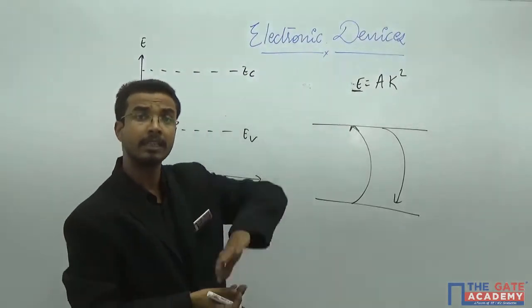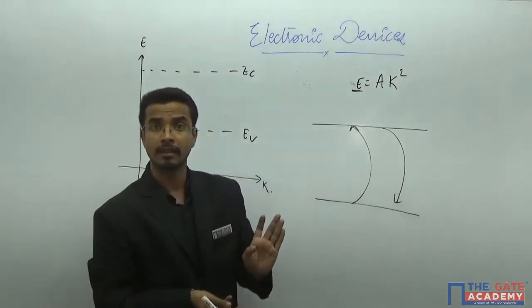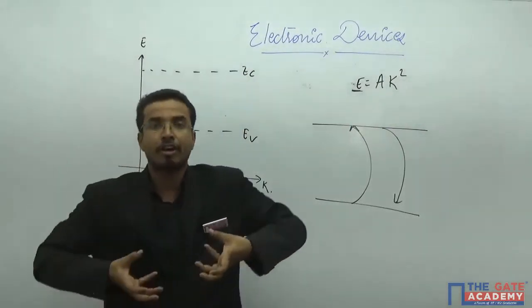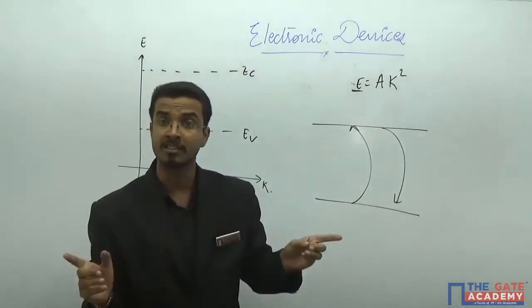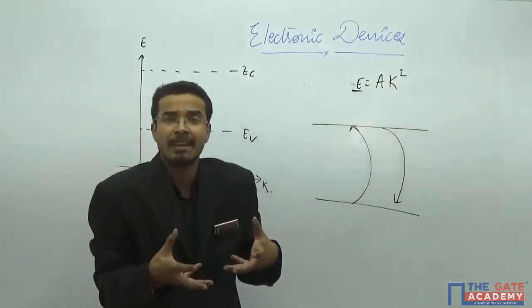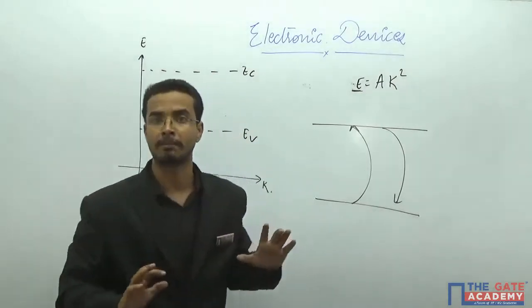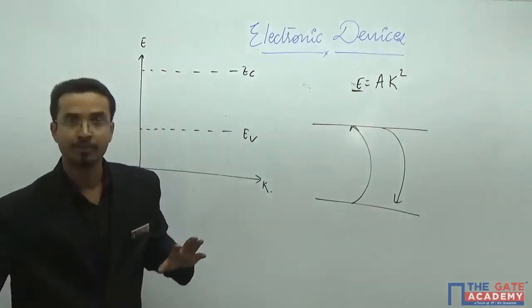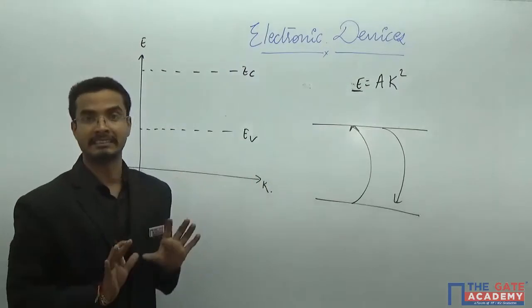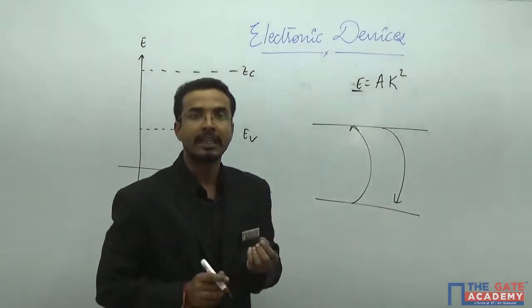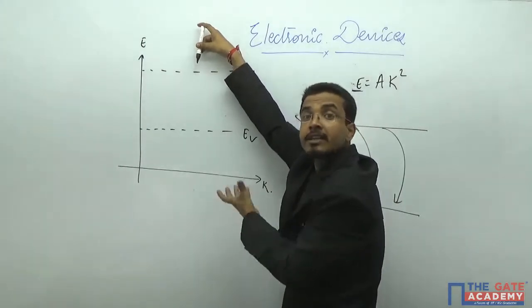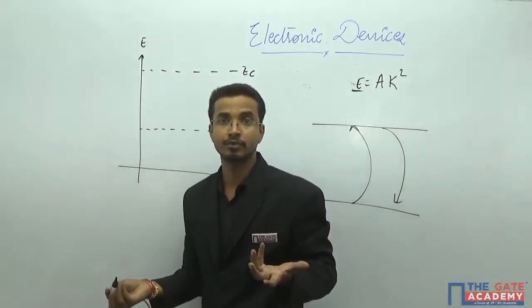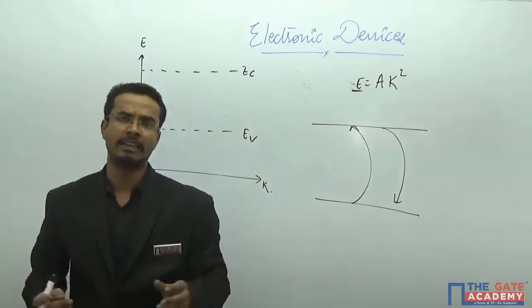Okay, but in the recombination process, you know that if you want recombination of electron and hole, the momentum of the particle must be the same, otherwise the recombination will never take place. Okay, so there are two possibilities. The first is that the electron in the conduction band and the hole in the valence band have the same momentum. And the second is that they will not be the same.